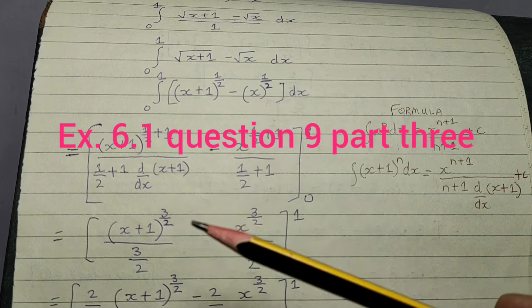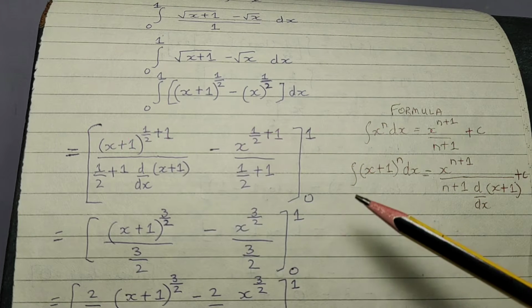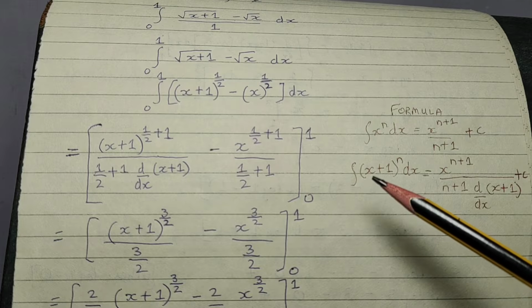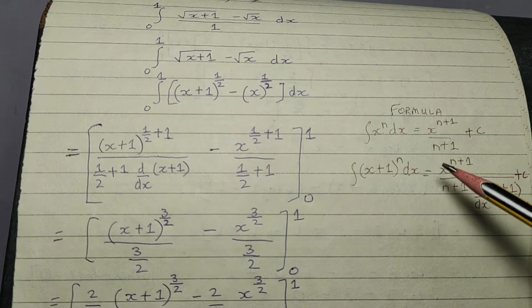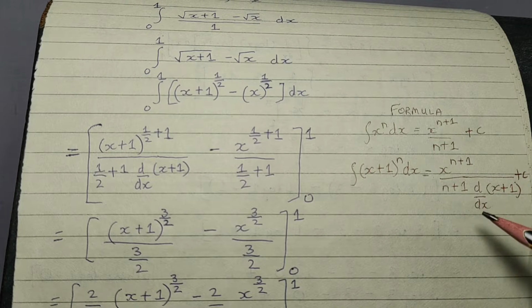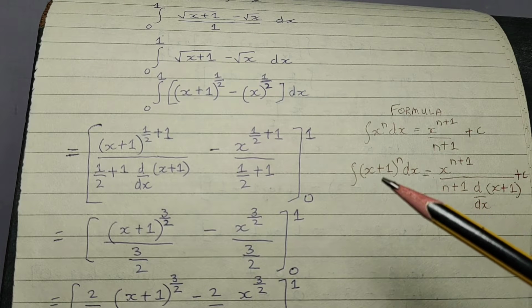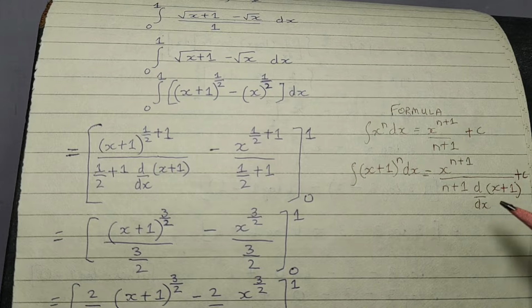Now, discussing what a composite function is: it is a function where we differentiate like a normal function and take its derivative. So here in integration, the derivative comes in the denominator, that you need to understand first.